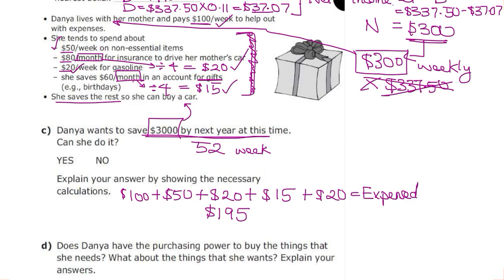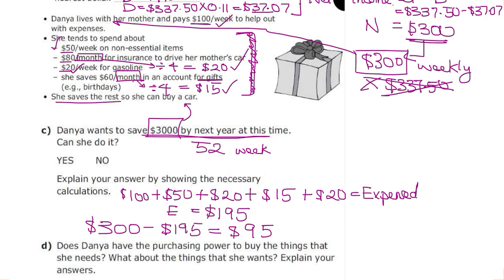And since we have $195 and this here is her expenses, that means now that if she gets her pay to be $300 and we subtract this number from her expenses, we're going to know how much she's going to have left after all these expenses are actually accounted for. So in here, what is left is $95.